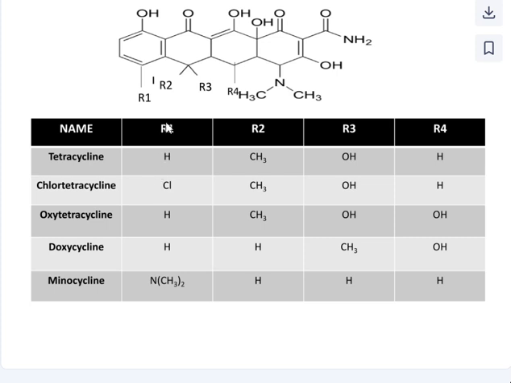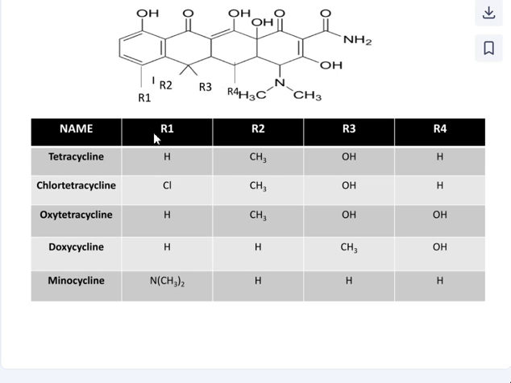Then for oxytetracycline the R1 is substituted with H, and here at R4 the hydrogen is substituted with the OH group. And in doxycycline you have hydrogen at R1 and R2, CH3 at R3 and OH at R4.